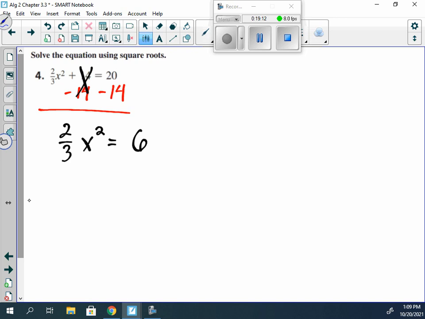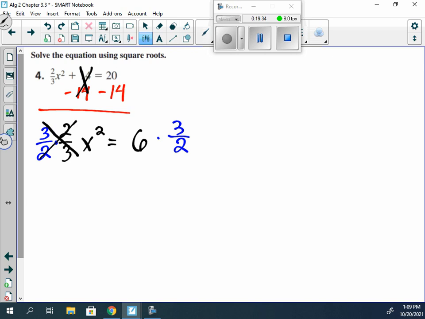Now what can we do next? We can divide by 2/3, and that would work just fine. Or we can multiply by 3/2. Either works, especially if we have a calculator that'll do it for us.